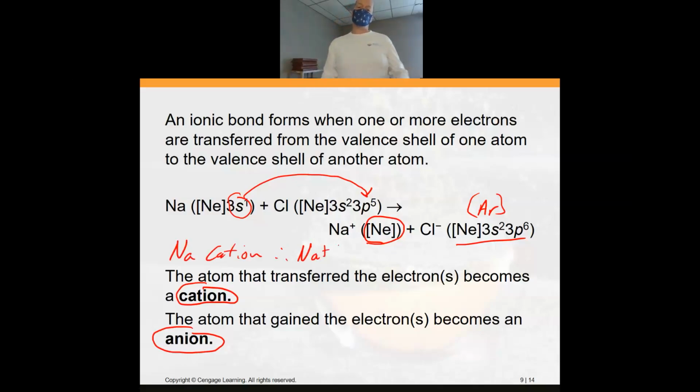Instead of saying the chloride ion, you would say the chloride anion, and that's Cl-. But if somebody says they have the chloride ion, we know that that is a negative, but it is important to know the terminology: cation, plus charge; anion, negative charge.